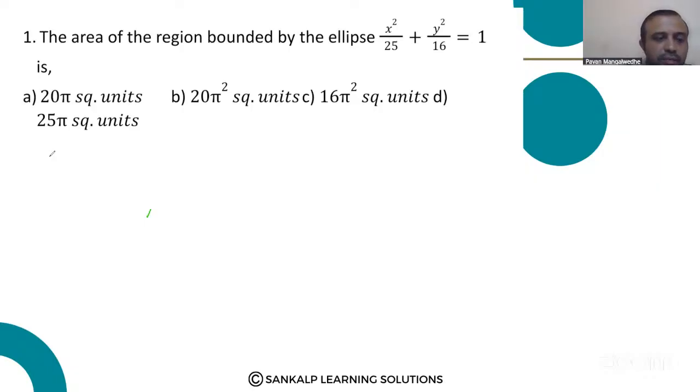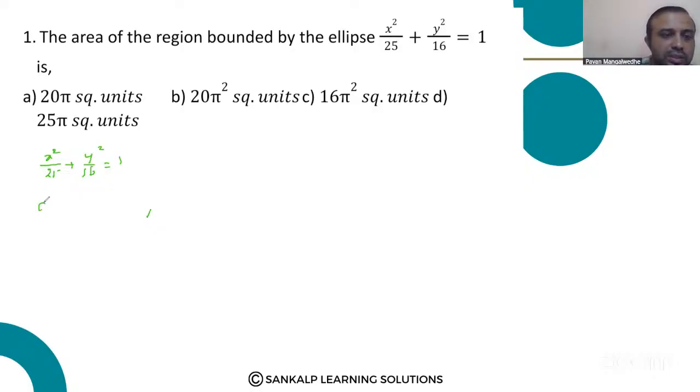As you all know, it is x square by 25 plus y square by 16 equals 1. Here, identify a square and b square.